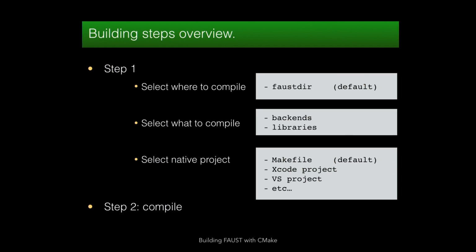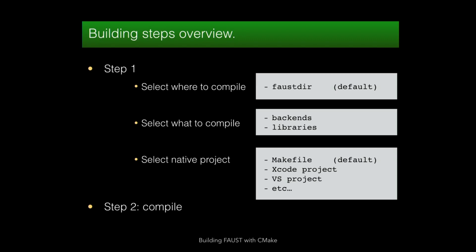So, a quick overview of the building steps. Here I'm assuming you are already in this build folder. In the first step, you select where you want to compile, what you want to compile, the different backends you want to include, the different libraries you want to include into your project, and the native project you want to use.